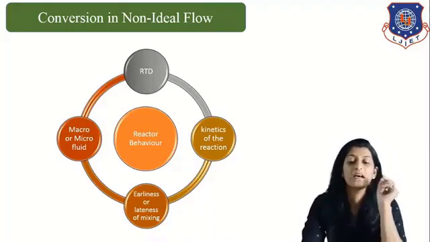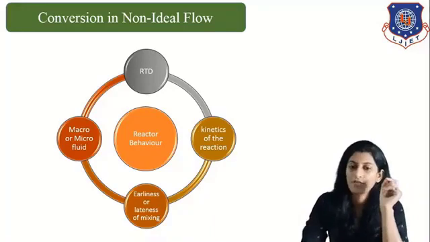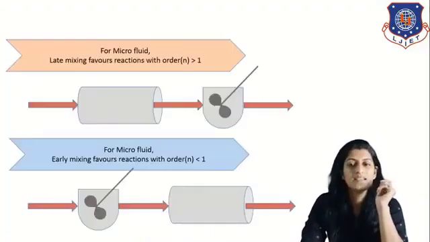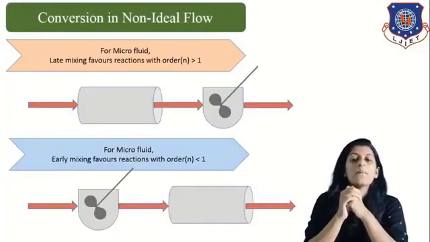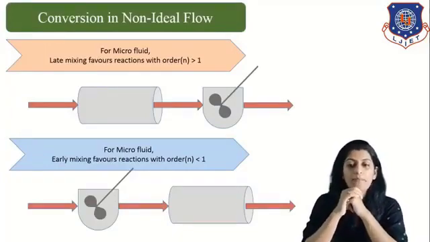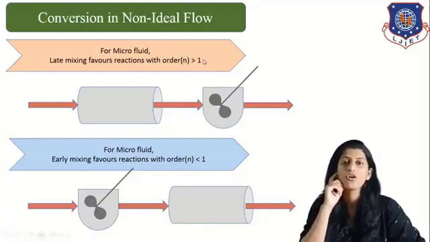The next is earliness or lateness of mixing and macro or micro fluid. Let's understand this in more detail. If we deal with micro and macro fluid, as you can see in this picture, the first picture deals with micro fluid.